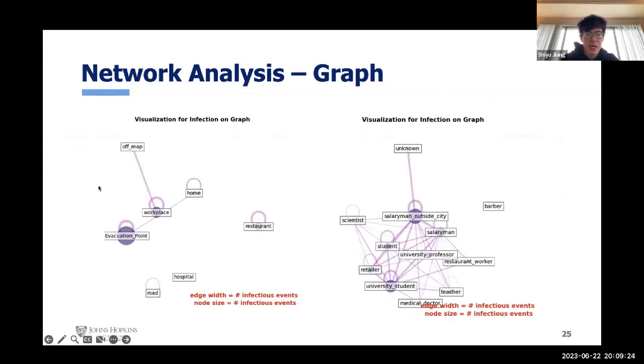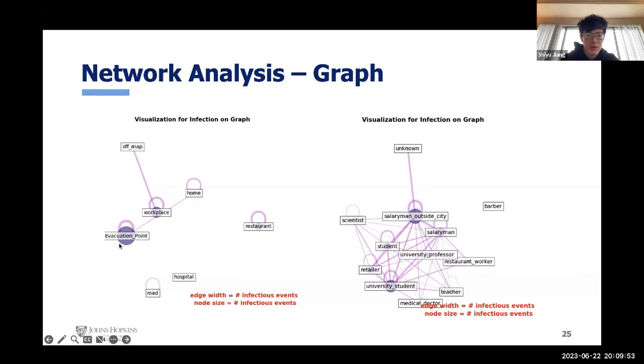So basically, I simply built a graph based on the locations and their professions. The brief example is that we have this evacuation point, and we have a self loop here, which means that the infector in the evacuation point infected someone also in this evacuation point.